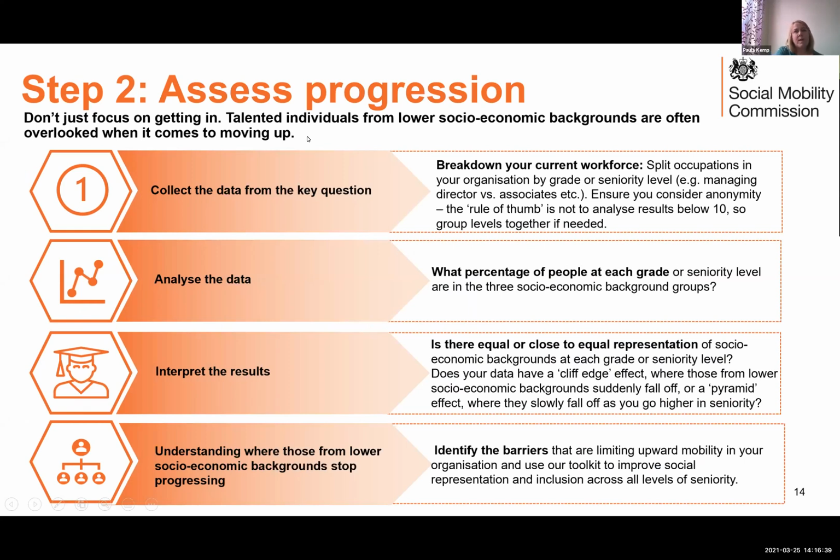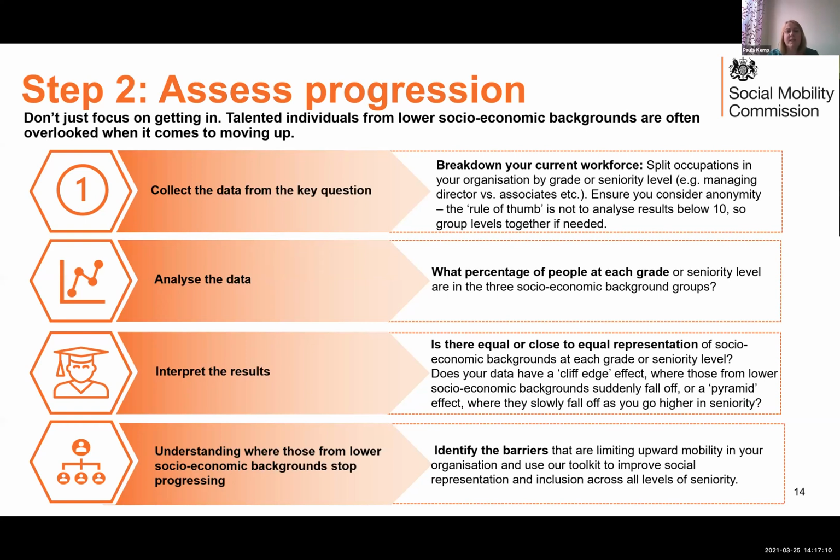So it's important not to just focus on getting in when you're thinking about bringing people into the organisation. If you're putting in interventions like apprenticeships that reach pupils from a lower socioeconomic background, or outreach programs that lead into traineeships, it's important to think about how they then get on once they're within the organisation.